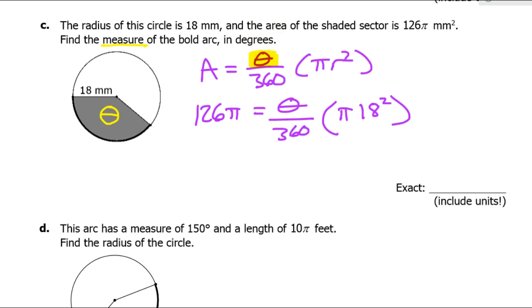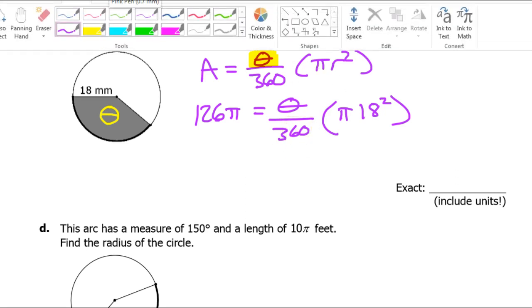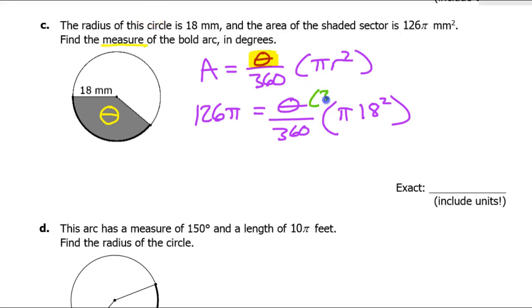So what I'm going to do is multiply both sides by 360 first. That'll help me get rid of the fraction aspect of it. If I multiply by 360 on both sides, that will cancel out the 360s.